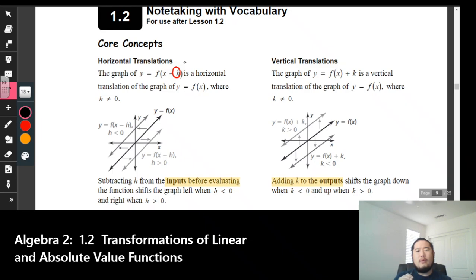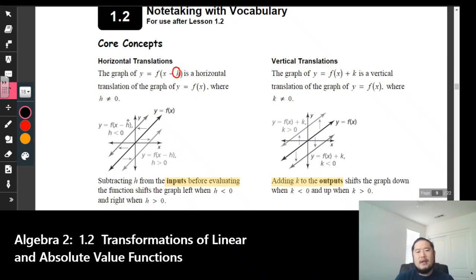Remember in 1.1 I told you that if whatever's in the parentheses is x plus a number, it'll shift our function to the left, to the negative side. If it's x minus a number, it's going to shift it to the positive side, to the right. So that's what they're showing you right here in the graph, horizontal translations.